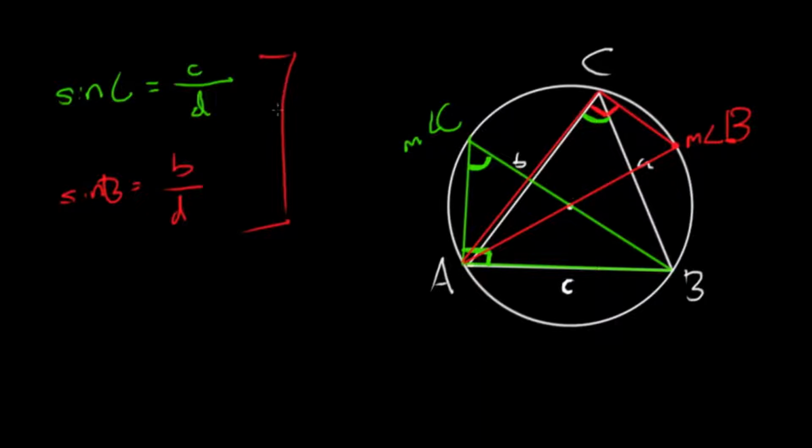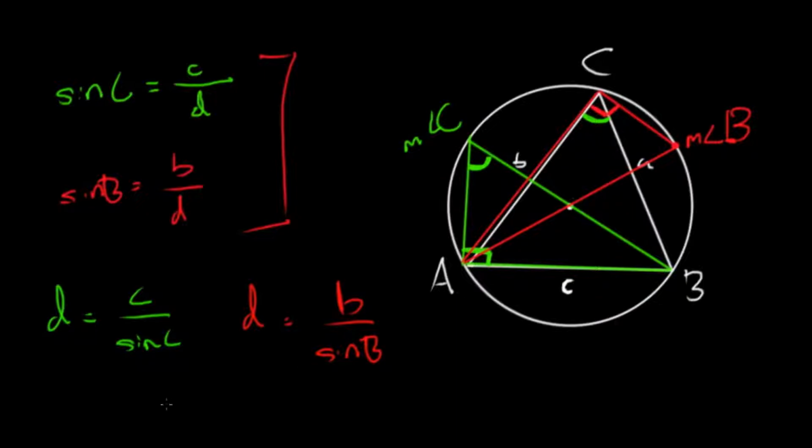And you may already see the law of sines. If I solve for d in both of these, I'm going to get d is equal to c over sine c, and d is equal to b over sine b, length b over sine of angle b.